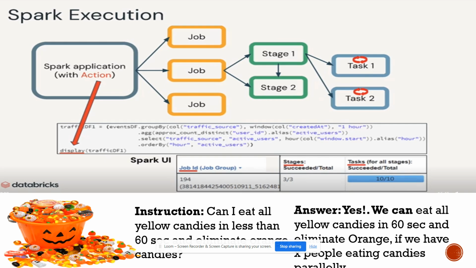If 100 people are eating the bag of candies in parallel, then in less than 60 seconds we can definitely eat all yellow candies. That's the power of Spark. It processes data in parallel, and it divides the tasks so that at a time we can process data in parallel. Hope this makes the definition of Apache Spark clear.